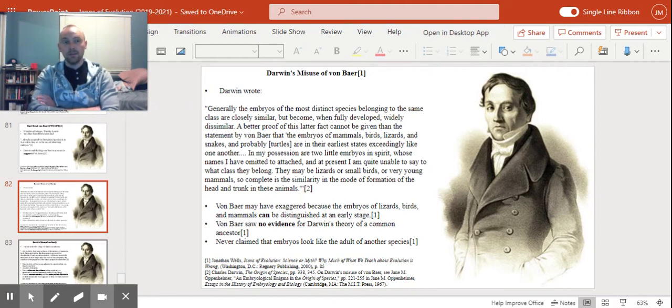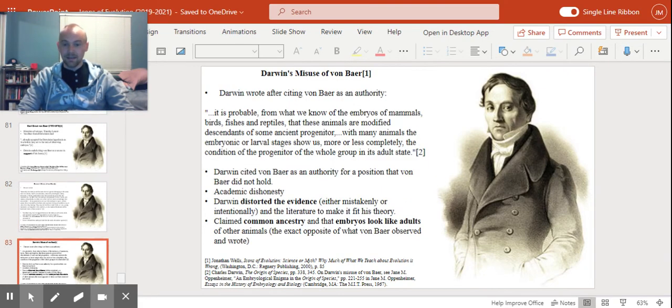So the fact that he used von Baer to back up evidence for a theory with which von Baer did not agree is problematic. And von Baer never claimed that embryos look like the adult of another species. So Darwin is kind of quoting von Baer out of context and making it sound like he agreed with certain aspects of Darwin's theories, which in fact he did not.